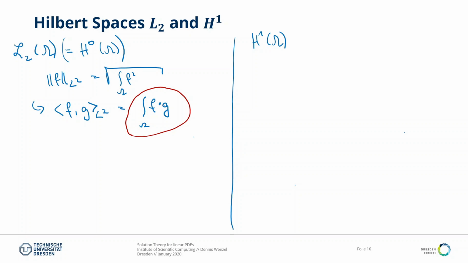And well, what did we have on H1? The norm in H1 was the square root of the integral over f squared plus the integral over the gradient of f squared. Okay?